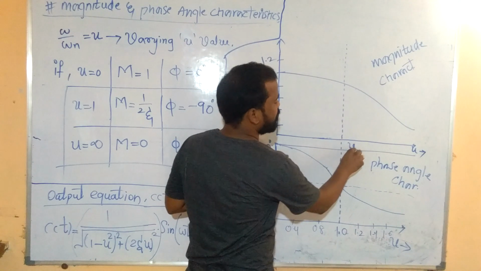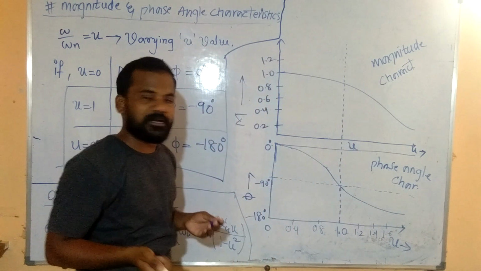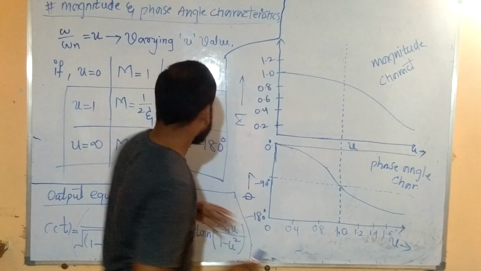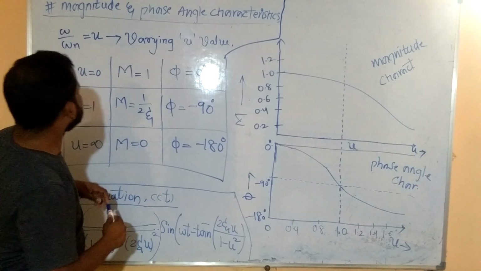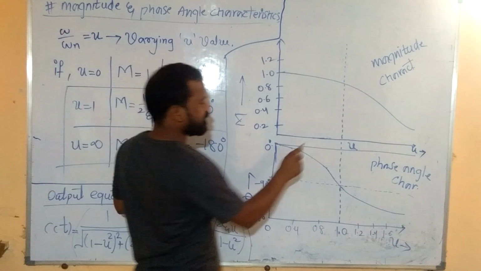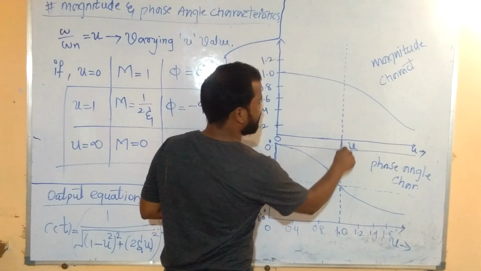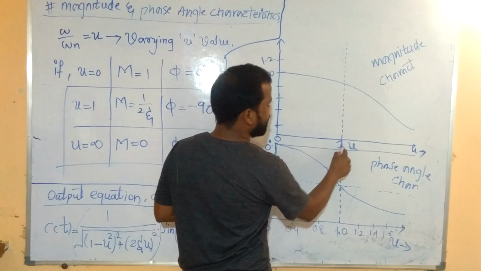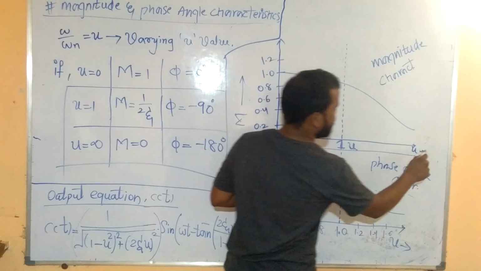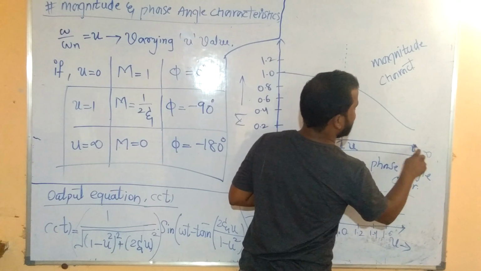Here we already know the different values of u and different values of magnitudes. For example, when u is equal to 0, this is 0; assume this is 1, where u is equal to 1 at this point; and when u is equal to infinity, for example here.